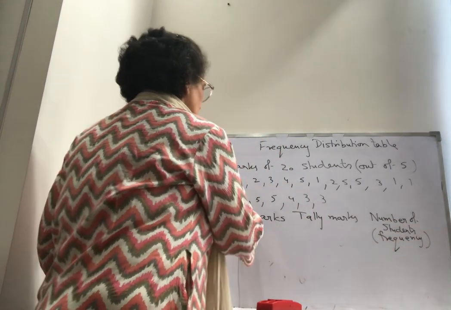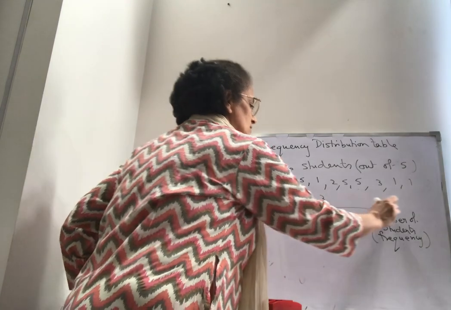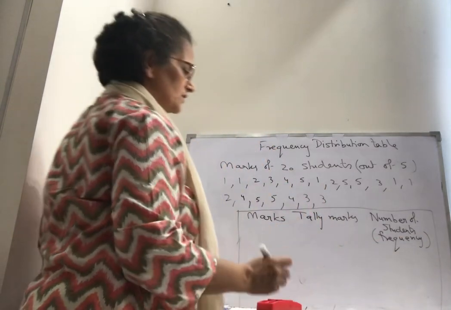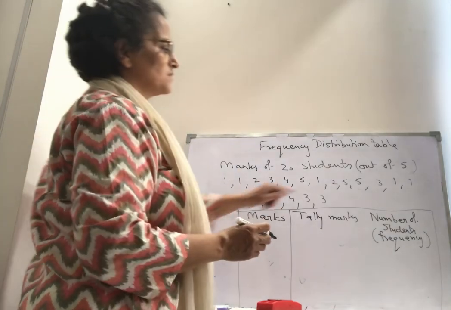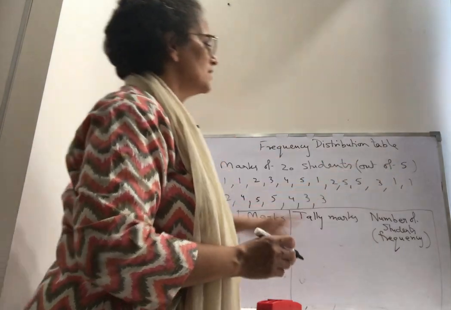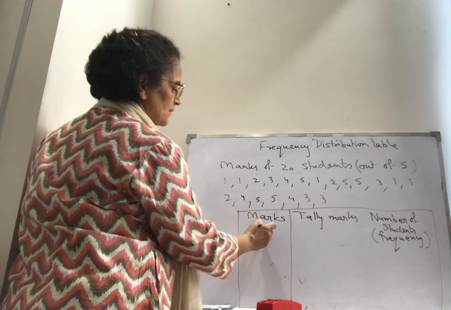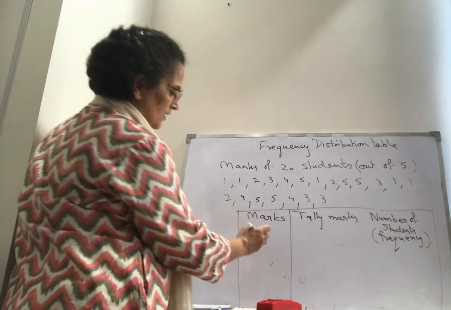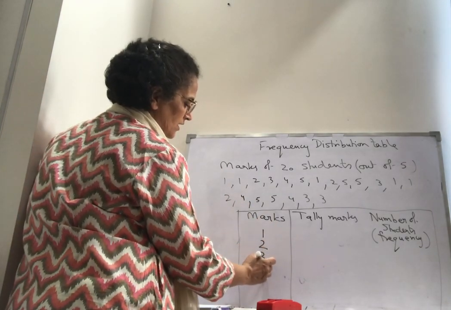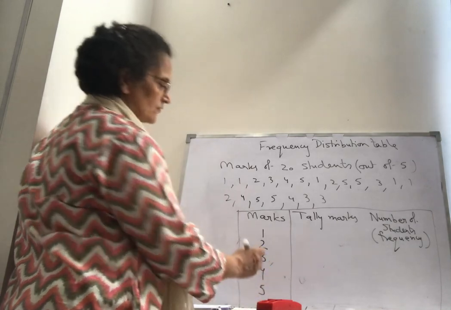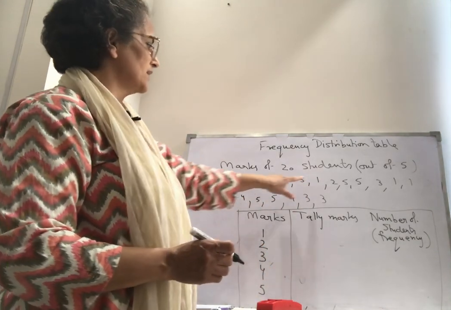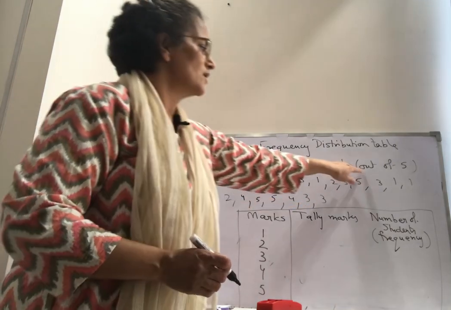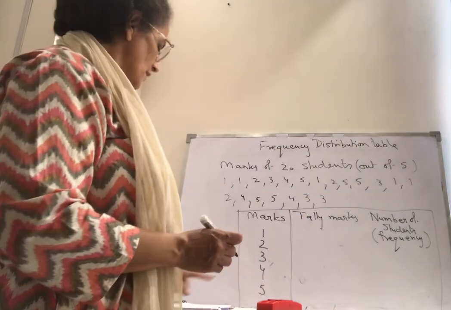So we put it in a table. This is called frequency distribution table. These marks are out of 5. So we start with, some students will get 1, 2, 3, 4 and 5. So out of these we pick up the numbers 1, 2, 3, 4, 5 because marks are out of 5.